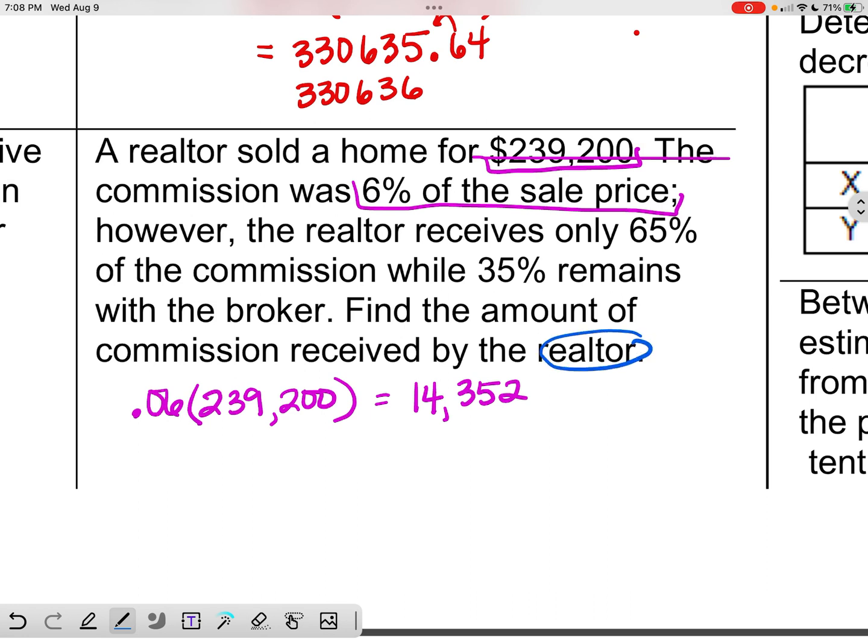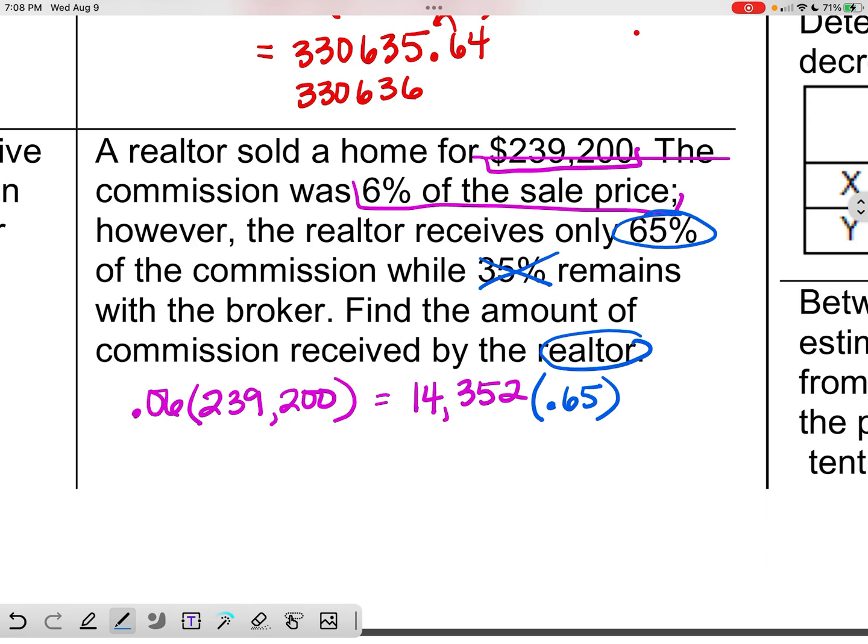So from here, because we care about the realtor, it's the 65% number, so we don't really even need this 35%. It's a distractor component. So we're going to multiply our 14,000 number by our 65 number. Notice that I changed the 65% into a decimal.